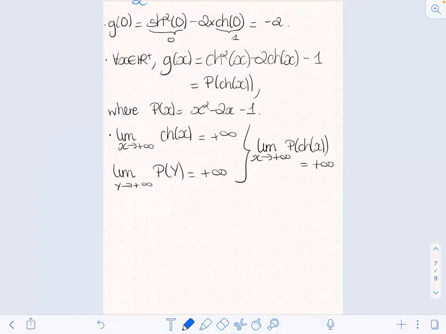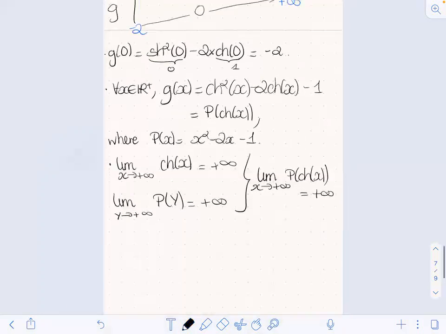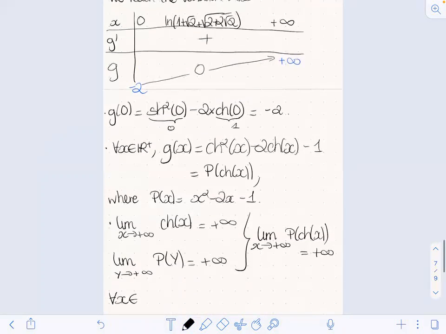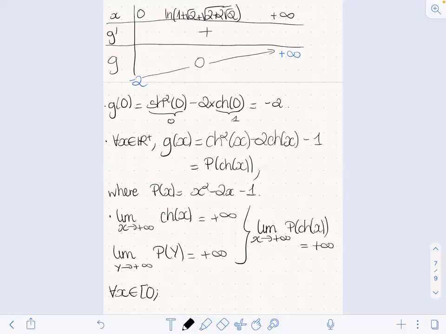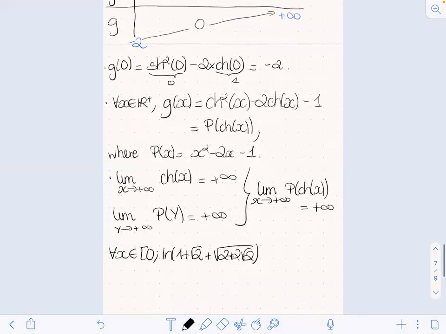So if we take, for any x in the interval from 0 to logarithm of 1 plus square root of 2 plus square root of 2 plus 2 square root of 2, what's going to happen is that g of x is going to be negative.